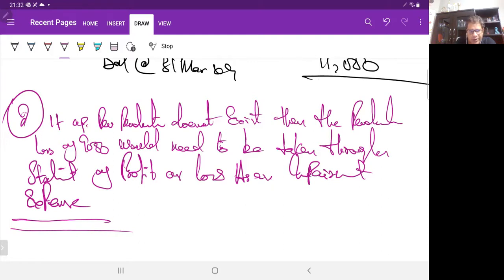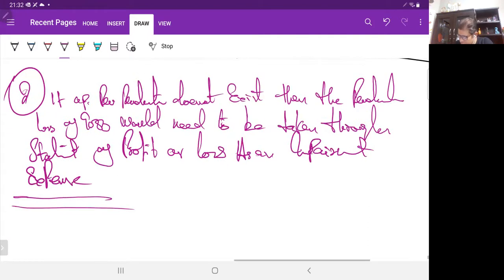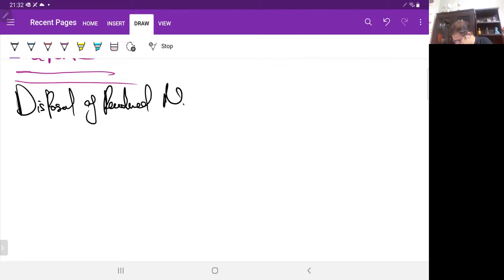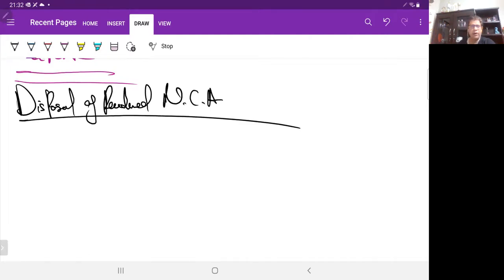One of the last topics of this standard is disposal of revalued non-current assets. Now, the profit or loss on disposal of revalued non-current assets should be calculated as the difference between net proceeds and the carried amount, right?